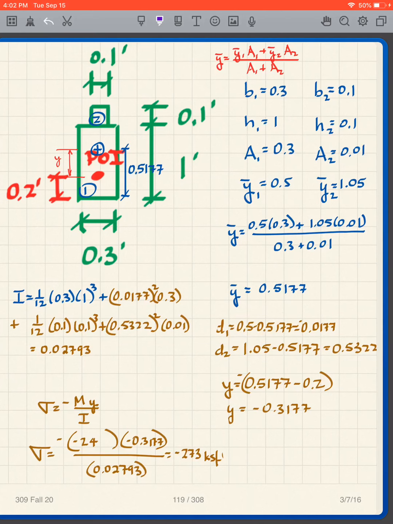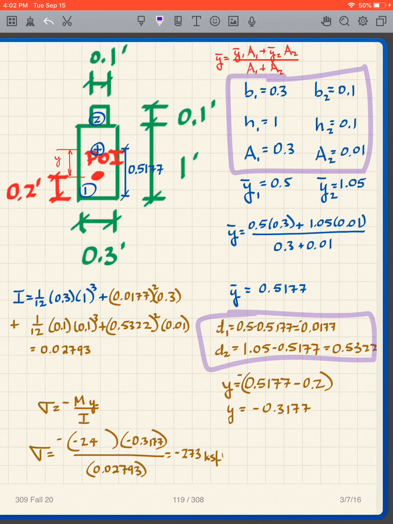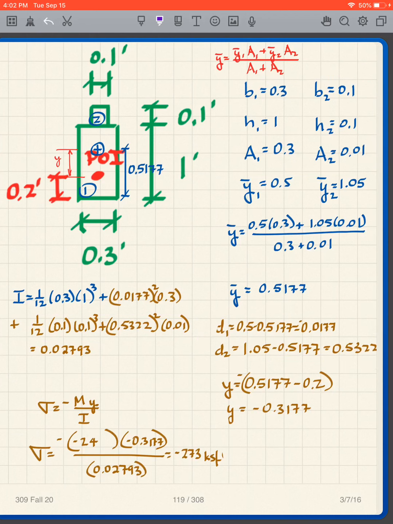I then take my values here, put it into my 1/12 bh cubed plus d squared a, 1/12 bh cubed plus d squared a, and I get my moment of inertia. A lot of work to get the I, but we get it. That goes where? That goes at the bottom.